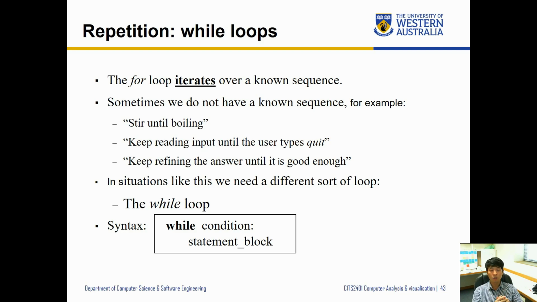Otherwise, you get into a state we call an infinite loop, where you're stuck inside, and eventually your program will crash by running out of memory. Okay, so let's have a look at some examples.